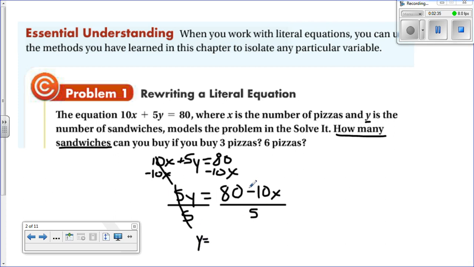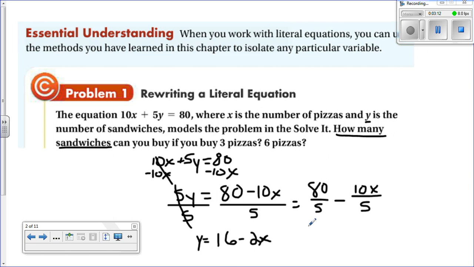And now what you have to do is you have to remember, 80 divided by 5 and 10x divided by 5, they each have to be divided by 5 individually. So 80 divided by 5 is 16. 10x divided by 5 is 2x. So now you have this equation that's solved for y. And now when it asks you how many sandwiches can you buy if you buy 3 pizzas, it's a matter of just plugging this number 3 or 6 into this equation.